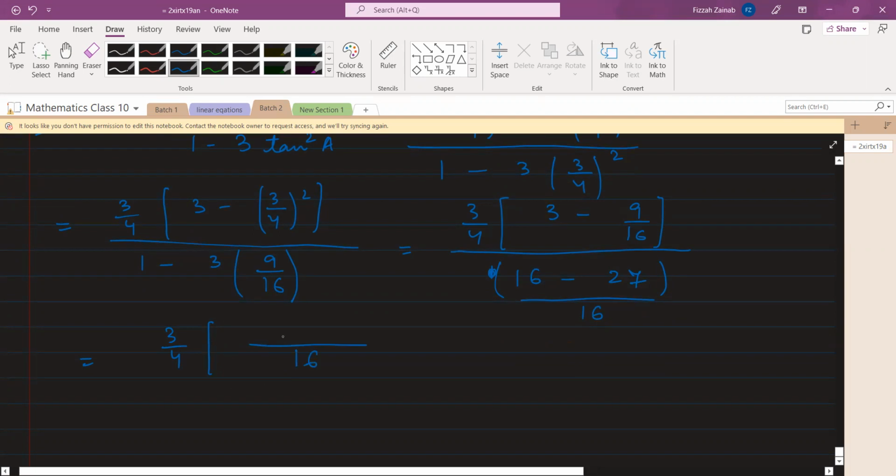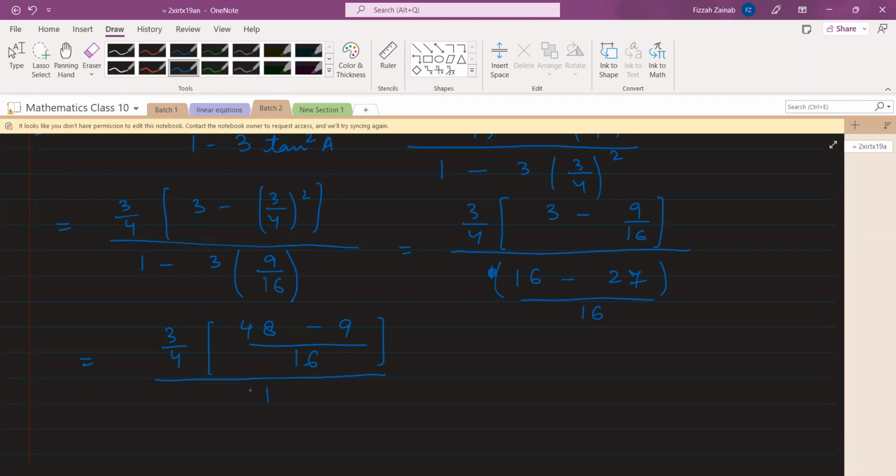Now 3 into 16, how much? 3 into 6 is 18, carry 1, 3, 48. So 48 minus 9, and then divided by, how much is 16 minus 27? 7 minus 6 is 1. Yeah, so minus 11 and then divided by 16. Is that okay?